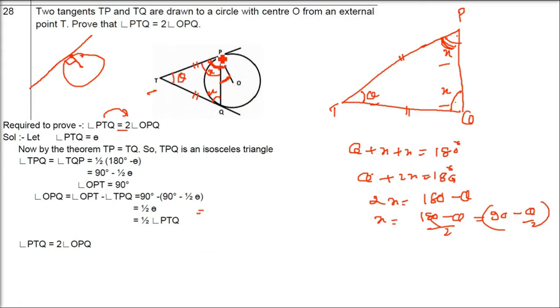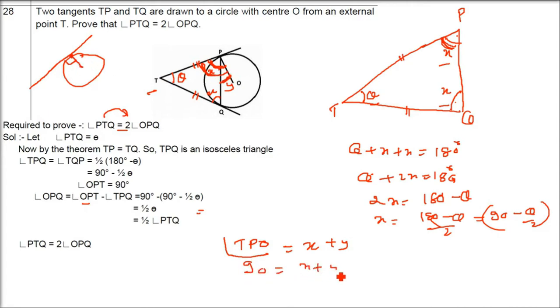So we write angle TPO or OPT, they are the same. This angle OPT is x plus y, where x is angle TPQ and y is angle QPO. But this whole angle is 90 degrees, as I just told you.